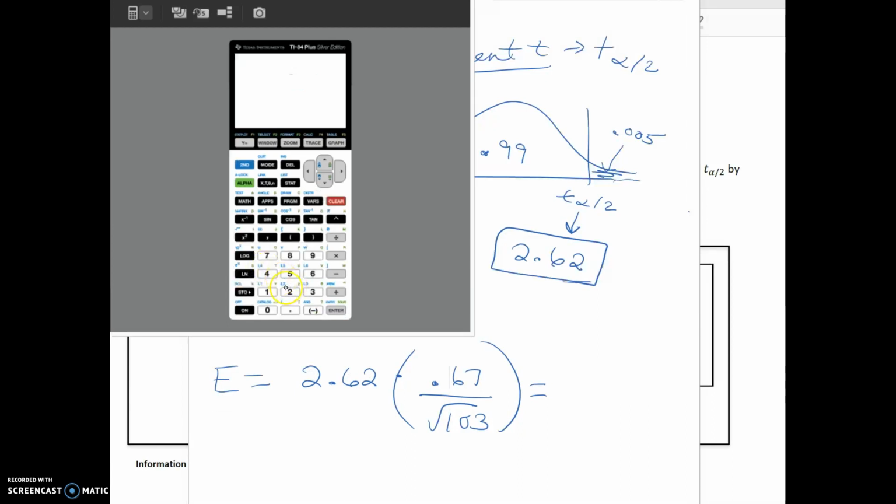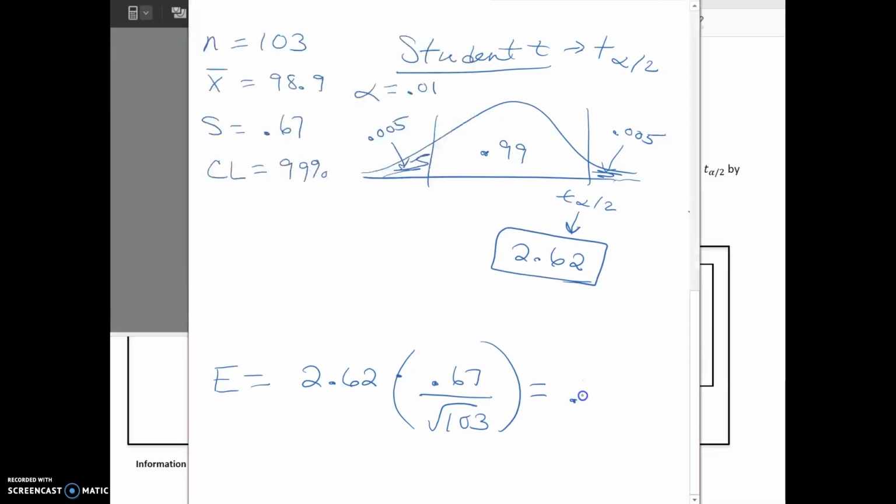We're going to have 2.62 times 0.67 divided by the square root of 103, which is going to give us 0.173. So that's my error, that's my margin of error.